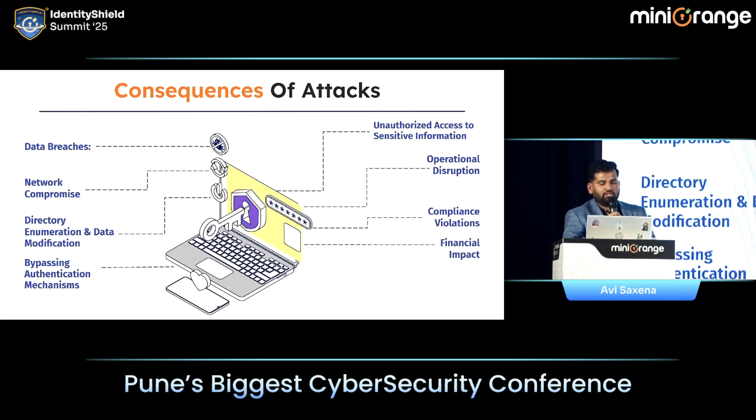Operational disruption: you might not be able to log into any application if your AD is down. There are compliance violations, your organization may lose its compliance, and obviously there are financial impacts, and privilege escalation. So these are some of the consequences of the attacks.